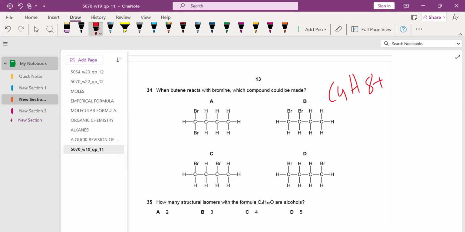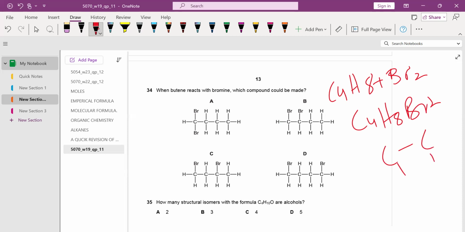CnH2n is the general formula for an alkene. When it reacts with bromine, Br2, it forms C4H8Br2. The bromine gets attached to the carbons. So option B is correct for question number 34.